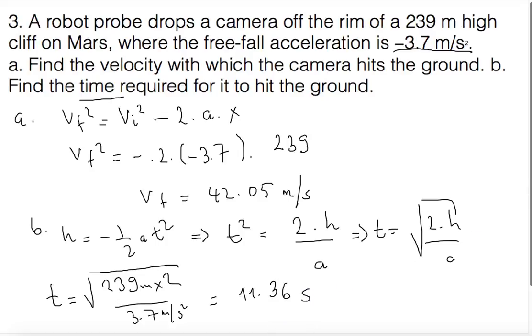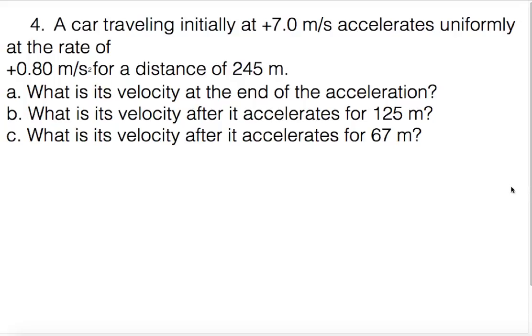Yes, we can continue with the last question. There is a car traveling initially at 7 meters per second. So the initial speed is given, which is 7 meters per second. It accelerates uniformly, meaning constant acceleration, which is 0.8 meters per second squared. And the distance is also given. What is the velocity at the end of acceleration, meaning when we take this distance, what is the final velocity?